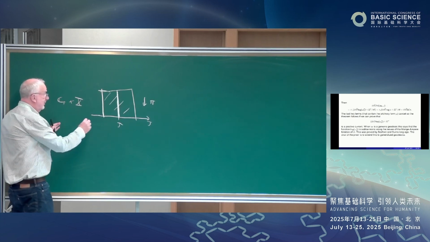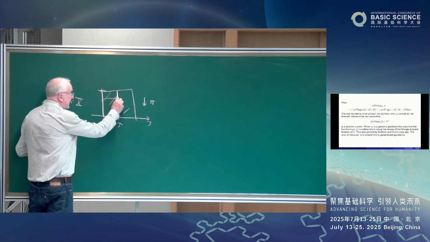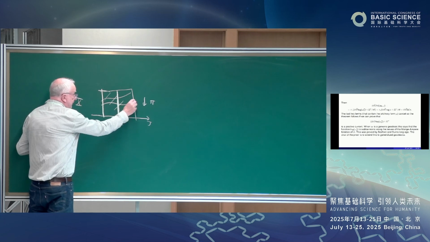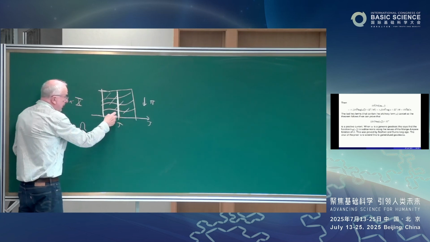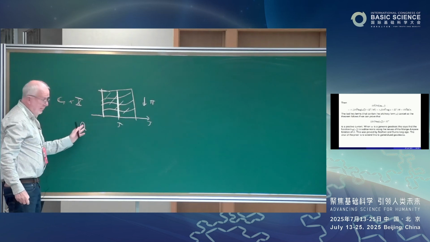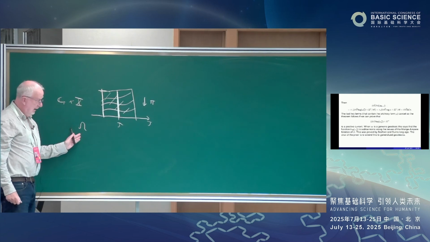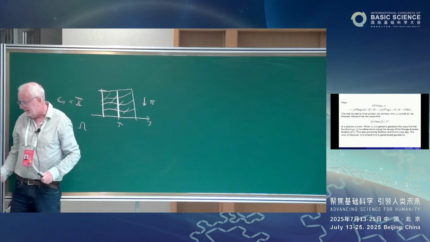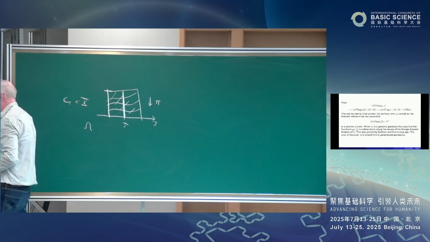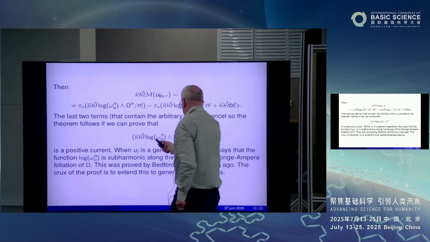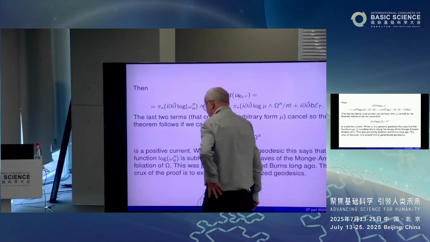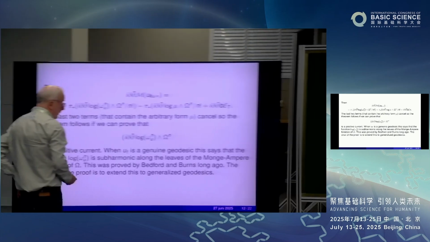So it gives rise to a sort of foliation of the total space like this. These are the leaves defined by the zero direction of this (1,1) form. And the claim in that case is precisely that this function, log omega u to the power n, is subharmonic along the leaves.